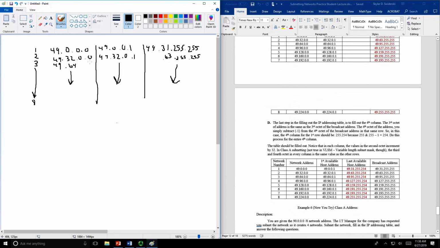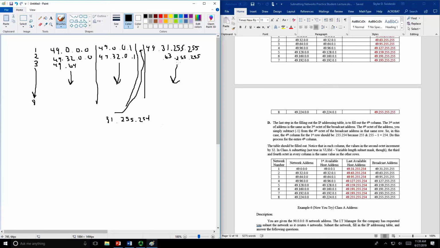So in the first row, it would be .31 here, 31.255.254, because we simply subtracted one from the broadcast address, the fourth octet. And that's how you do Class A subnetting. It's just different octet placements on the numbers.